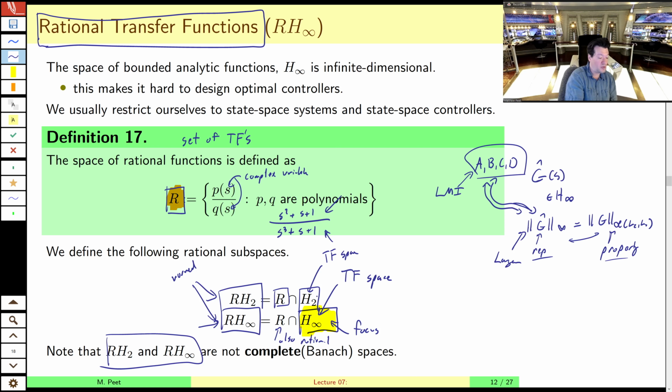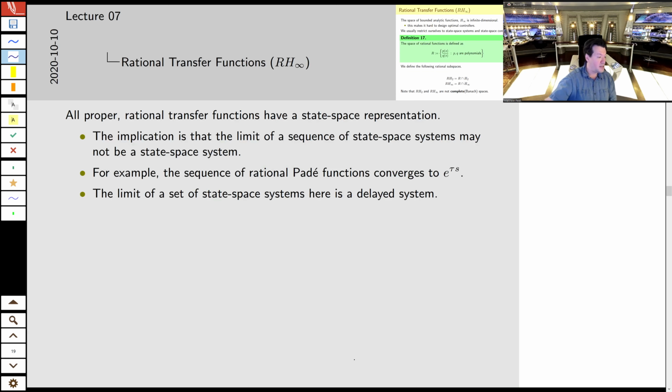They're still normed spaces because they have the same norm, H2 and H infinity. But they're not complete, right? They're not Banach spaces. And that becomes a little bit problematic in extreme cases. For example, in the case of a delay system, where you have a delay in the system, that's not rational. There's no state space representation of a delayed system.